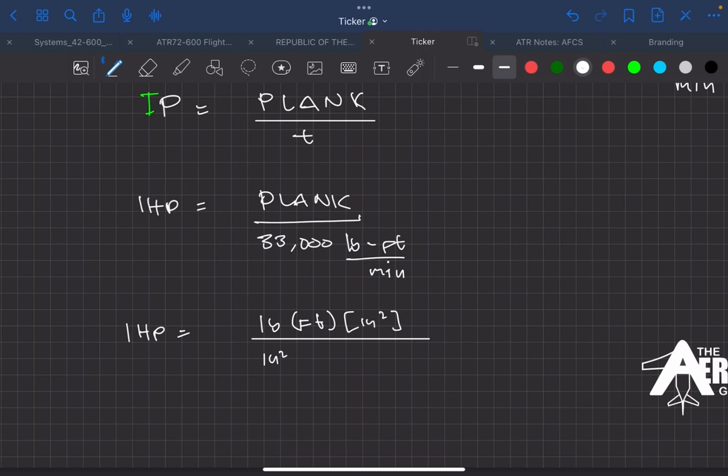You don't have to convert that, as this will cancel out. We also have N, the number of power strokes per minute, so that's your number of cycles per time, in minutes.